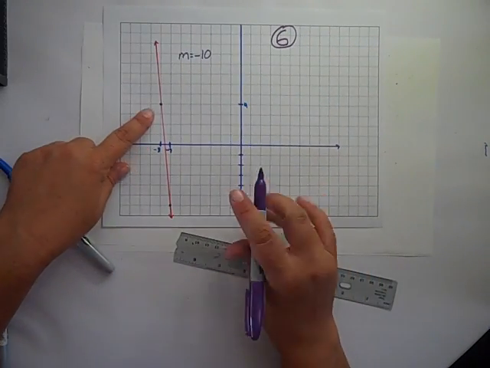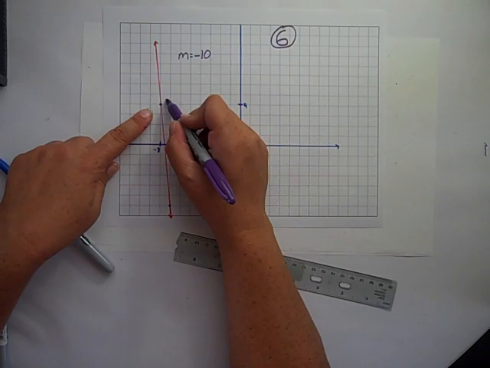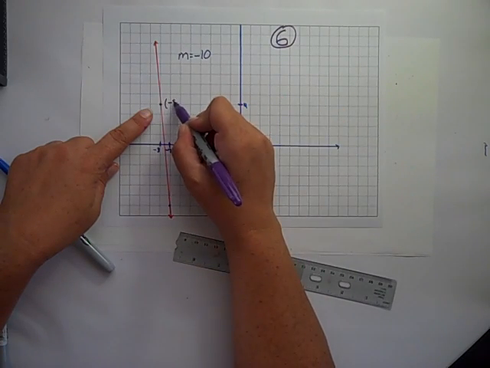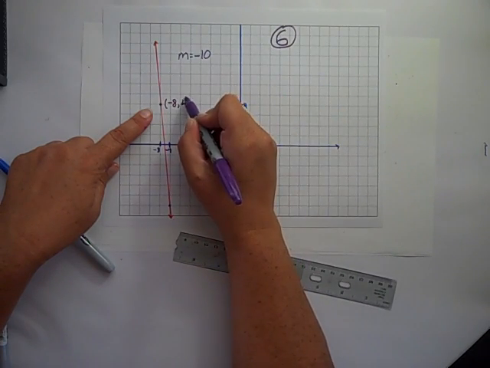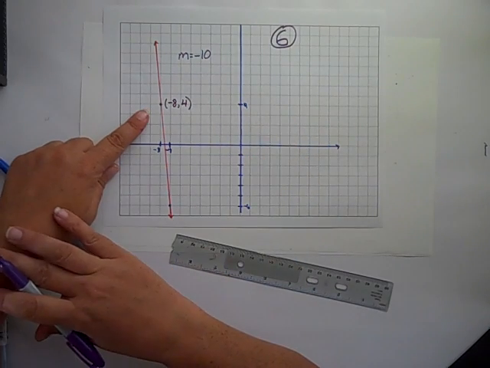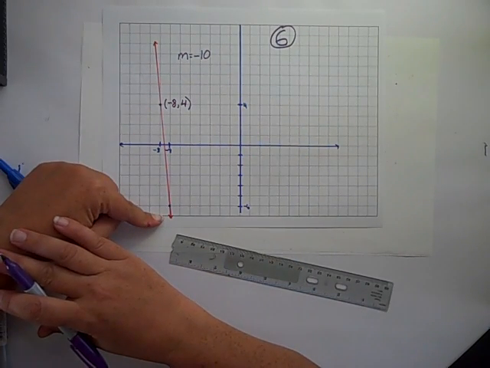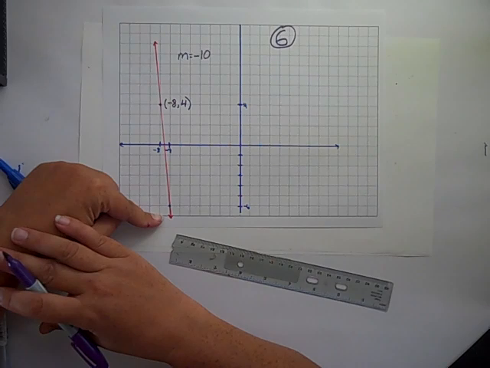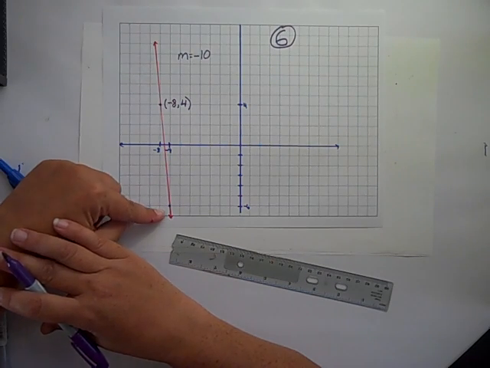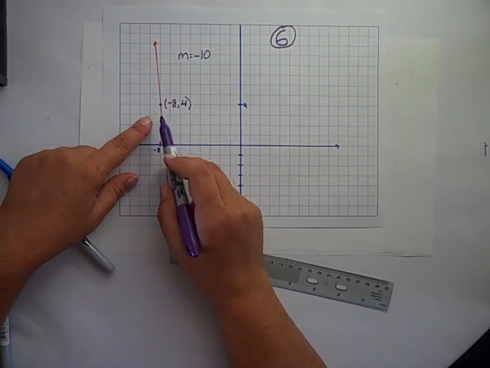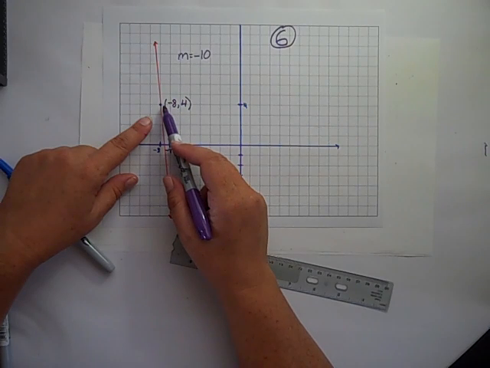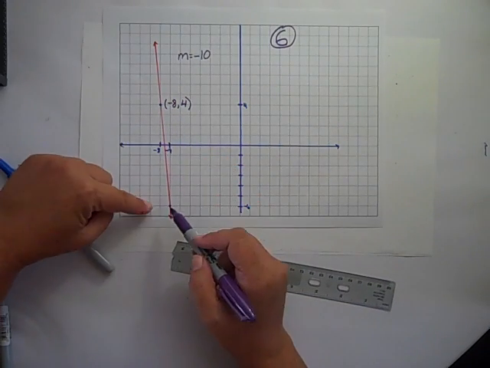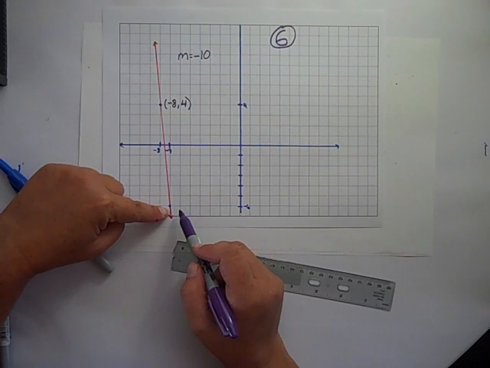Number 6, I already have a point here. I used for my first point -8, 4. You might want to pause the video and just catch up with that and see if you can get the next point yourself. The next point, I would go down 10: 1, 2, 3, 4, 5, 6, 7, 8, 9, 10, and over 1.